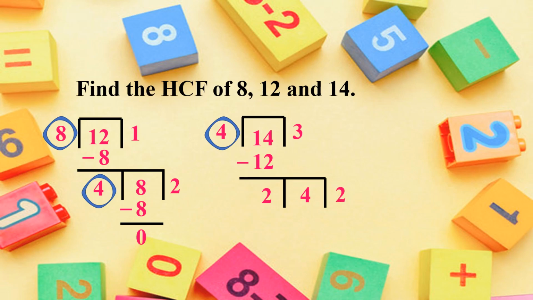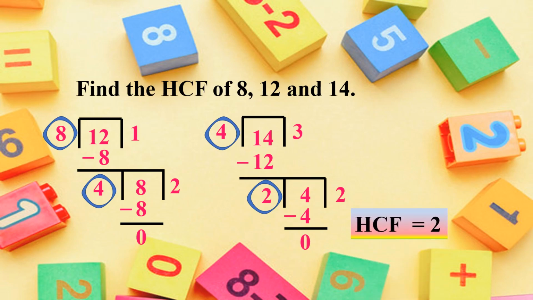We will divide these numbers. So 2 times 2 is 4 and 4 minus 4 is 0. So the last divisor is our HCF. So the HCF of 8, 12 and 14 is 2.